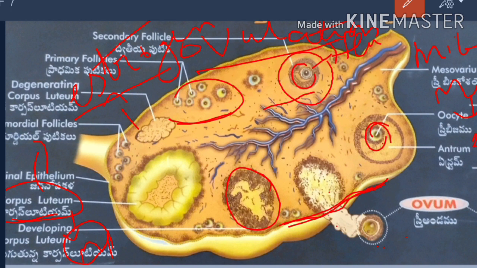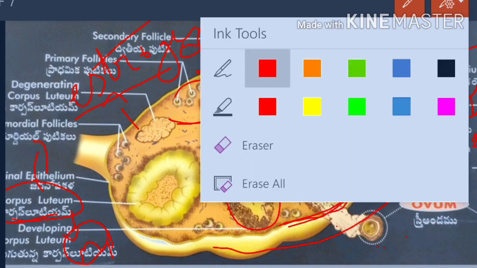What is ovulation? Whenever the ovum matures, the Graafian follicle ruptures and releases the ovum from the ovary, and it is called ovulation. Where is it located? In the abdominal cavity. And which hormone is secreted by the ovary? Estrogen.